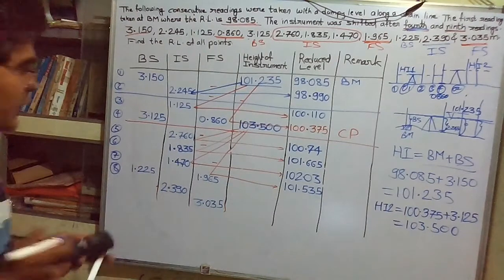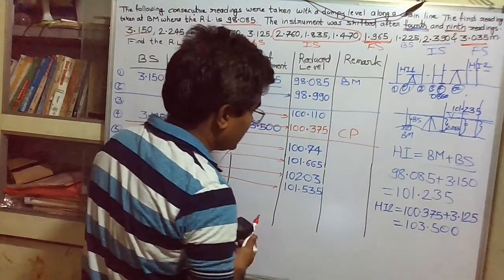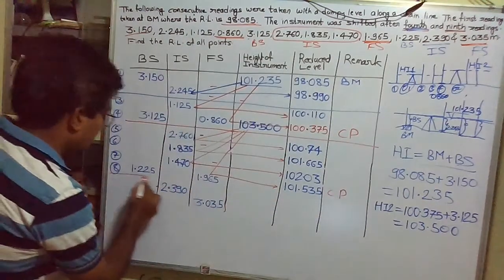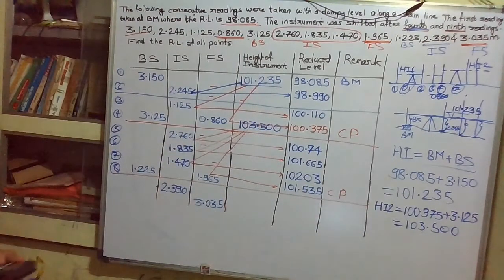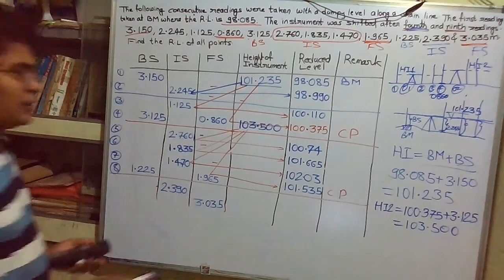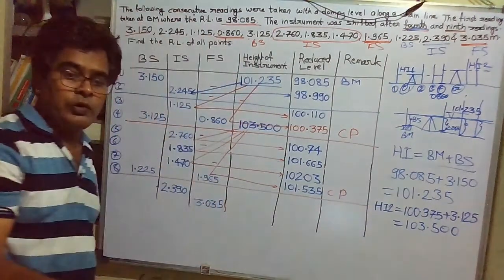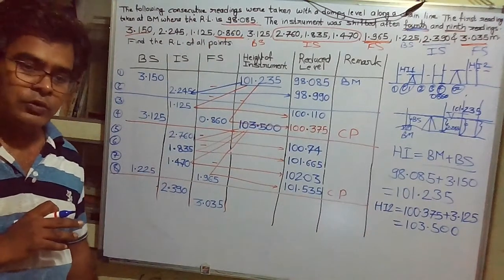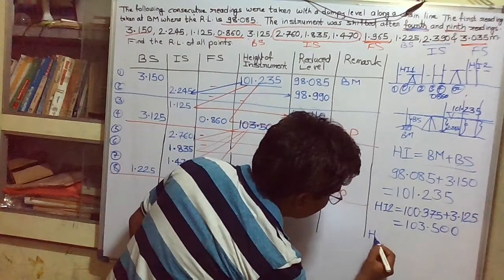This eighth point is a change point again, because after this point the instrument is shifted. Whenever there is a change point, we shift the instrument to a new location and calculate the new height of the instrument. How do we find out the new height of the instrument? That is HI3.